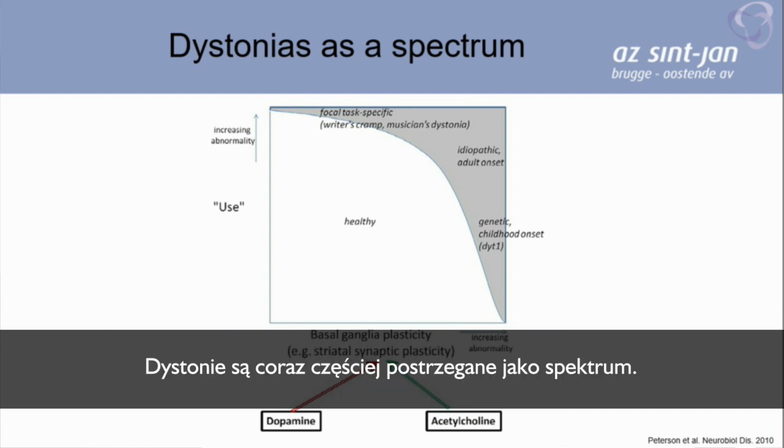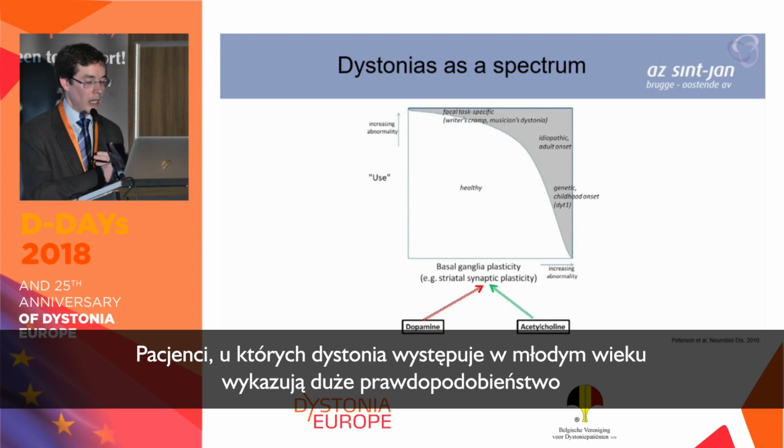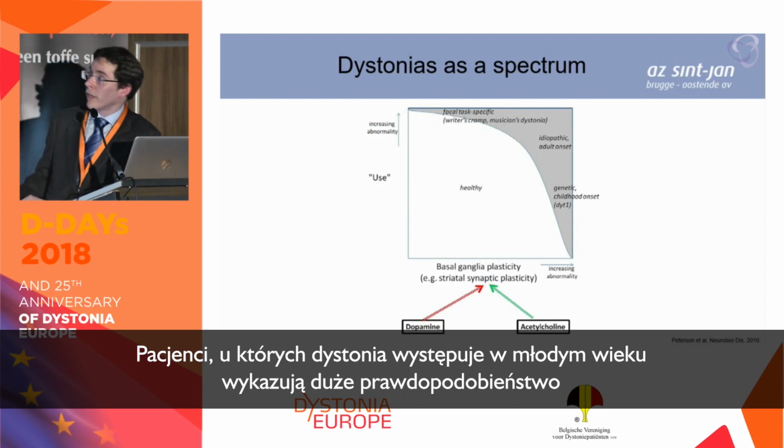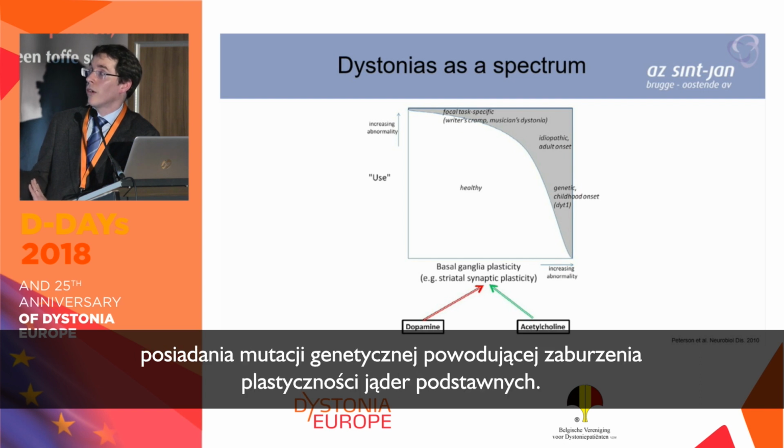So dystonias are more and more seen also as a spectrum, where in patients that develop dystonias at a young age, we know that there is a high chance of having an underlying genetic mutation that causes something to go wrong with basal ganglia plasticity.